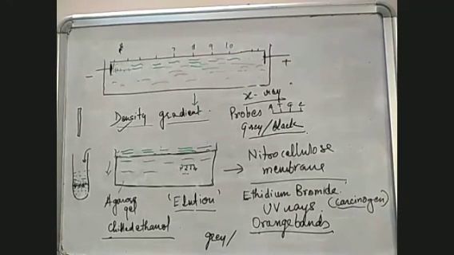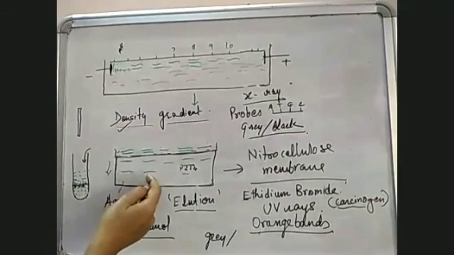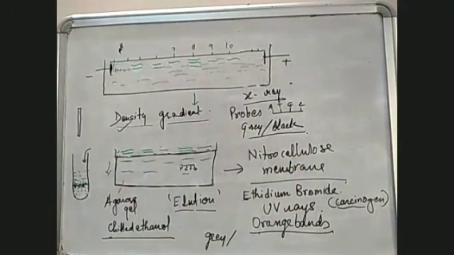Now, tomorrow I'll tell you how the assembly is made, and how these different sizes of DNA fragments are transferred to the nitrocellulose membrane. The DNA fragments in the nitrocellulose membrane can be stored for a long time. Then there are a few terms.